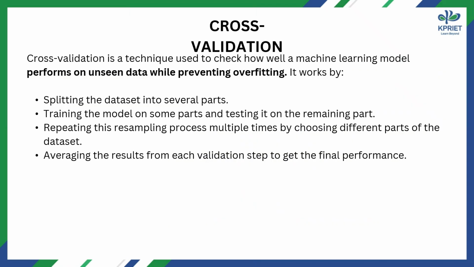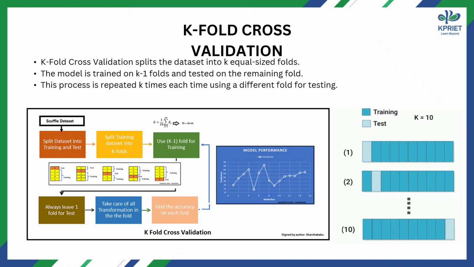Now we'll study cross validation, which is a technique used to check how well a machine learning model performs on unseen data while preventing overfitting. It works by splitting the data into several parts, training the model on some parts and testing it on the remaining part, repeating this resampling process multiple times by choosing different parts of the data set, and averaging the results from each validation step to get the final performance.